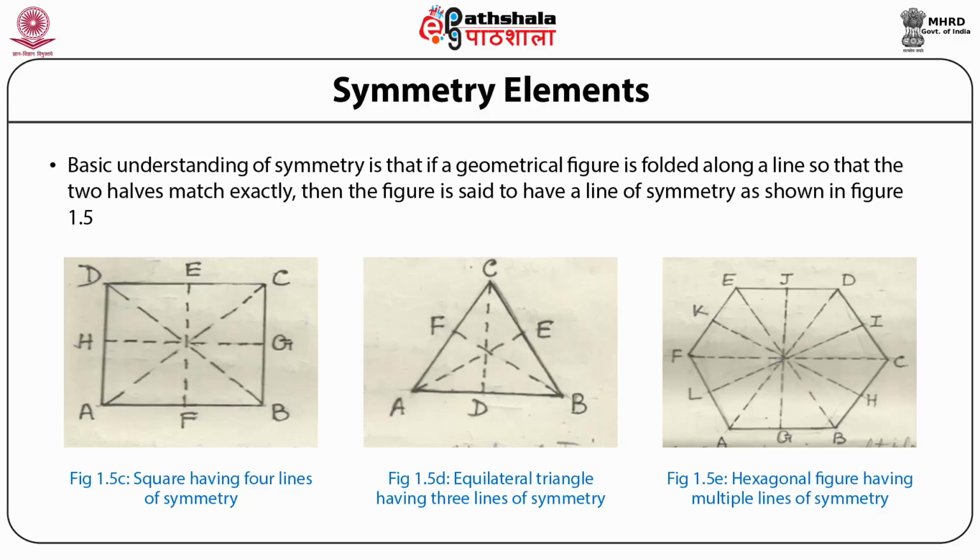Let us explain figure 1.5 c, d, and e further. Figure 1.5c shows a square having four lines of symmetry AC, BD, GH, and EF. As one can see, triangle ABC is the mirror image of triangle ACD.